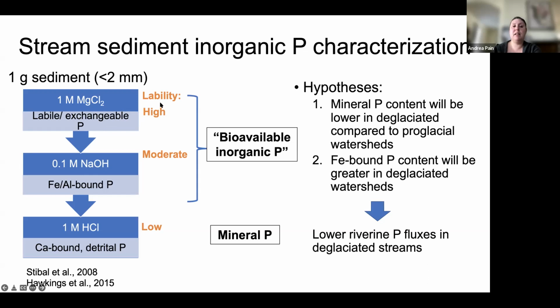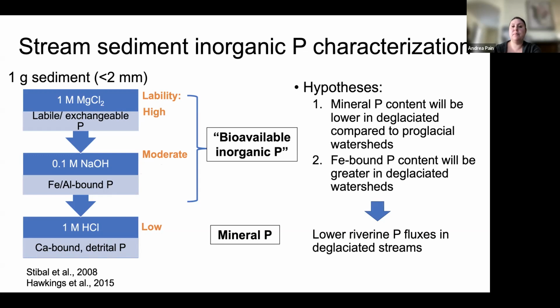We think of this as a highly labile type of phosphorus, so it's very easily taken up by biota. The second fraction is removing this iron or aluminum bound phosphorus, which we think of as having a relatively moderate lability. And finally, quantifying the amount of mineral phosphorus, which we think of as having a lower lability.